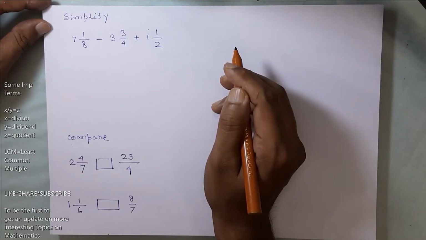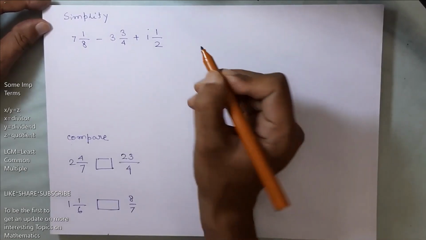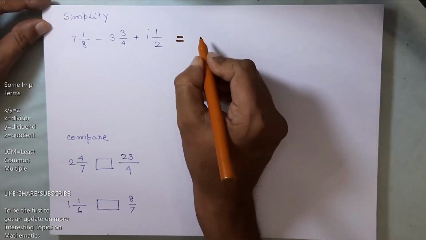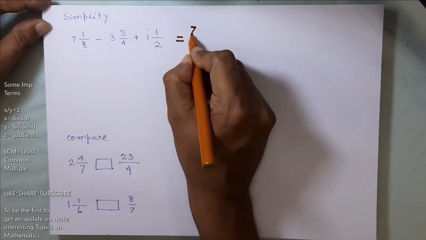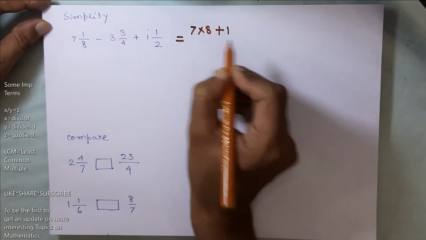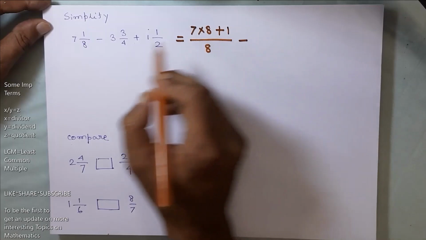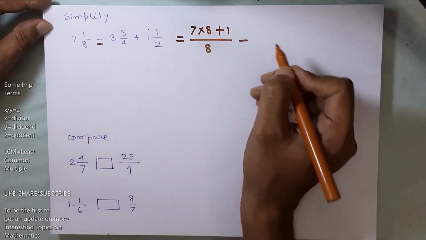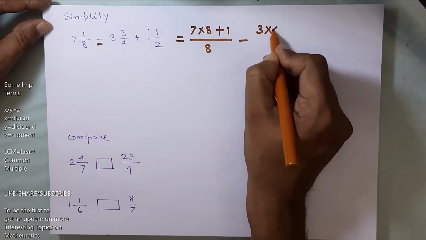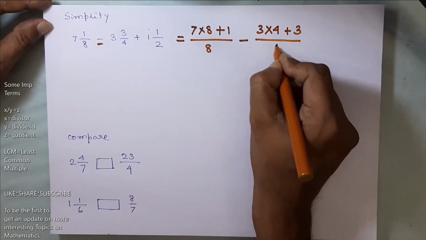And for any simplification, addition or subtraction, if it has mixed fractions, the first thing that you have to do is to convert them into improper fractions. So let us do that. It will be 7 into 8 plus the numerator, which is 1. This is the first fraction, over 8. Then we have to do the minus because it is written as minus, and then 3 into 4 plus 3 by 4.